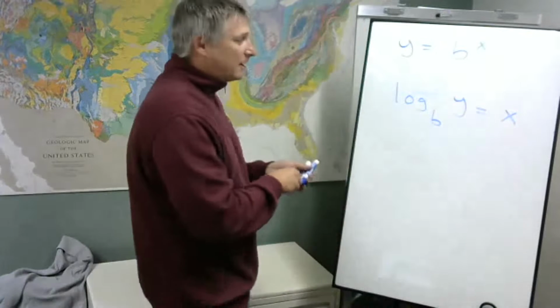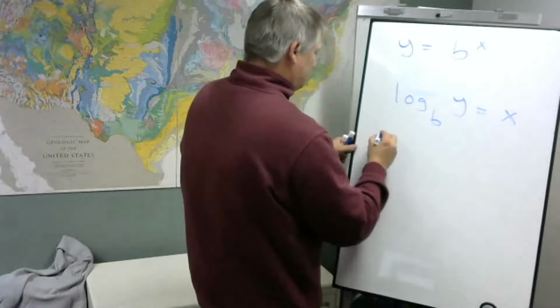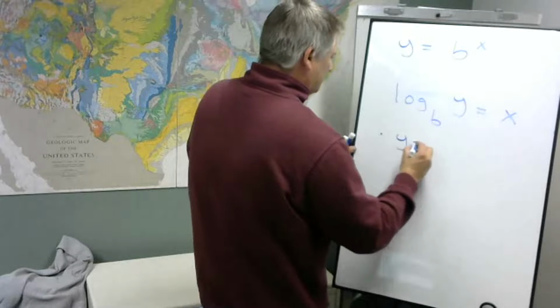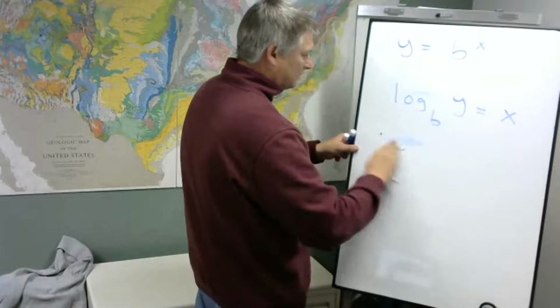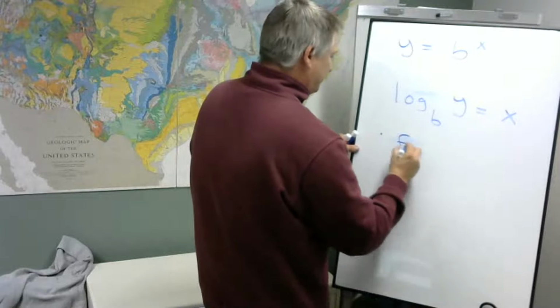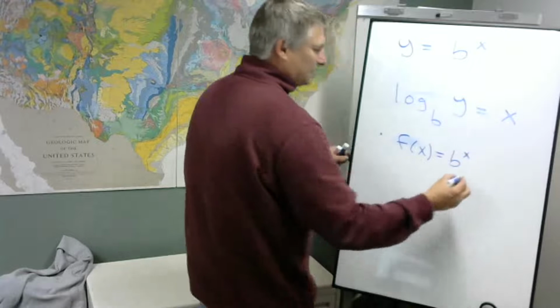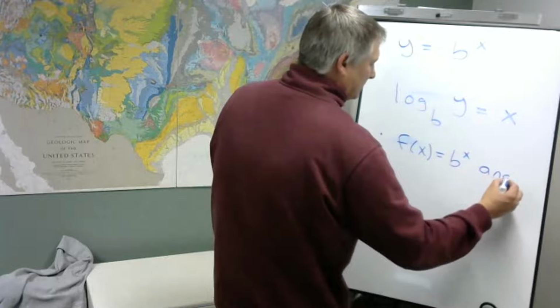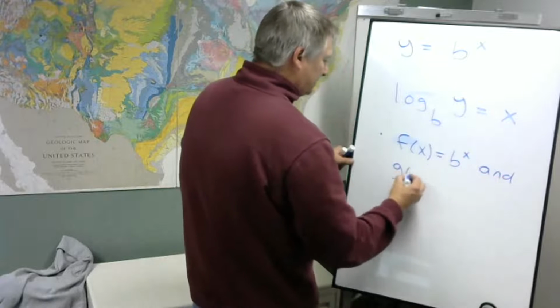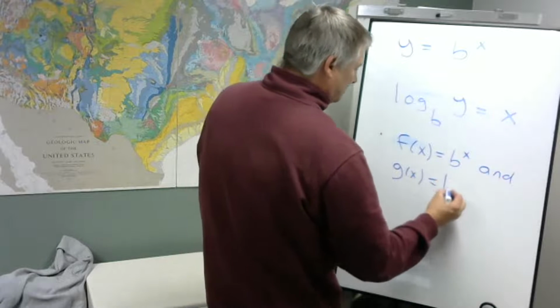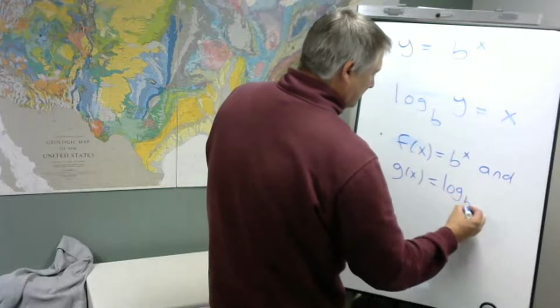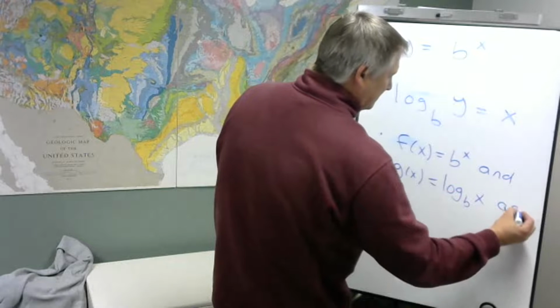So this is what we've got. f of x equals b to the x. And g of x equals log base b of x.